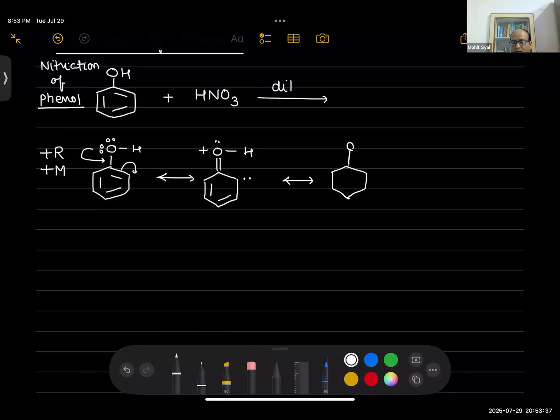So where can this lone pair come in? Ibrahim, Marwa and Jesslyn, is it clear or not? Tell me. Jesslyn, are you getting what I'm trying to show?